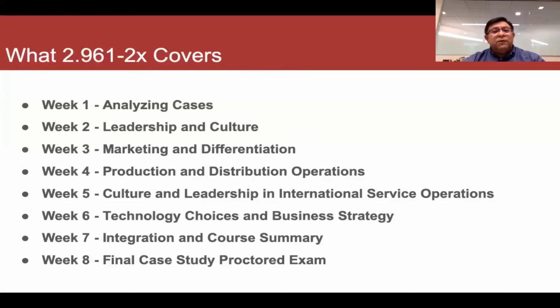Then we dive into leadership and culture, a very important topic, how to lead an engineering organization, and what it means to actively manage the culture and grow the culture of an organization. So introduce some very basic concepts that actually have been around for a long time here at MIT, developed by MIT colleagues.